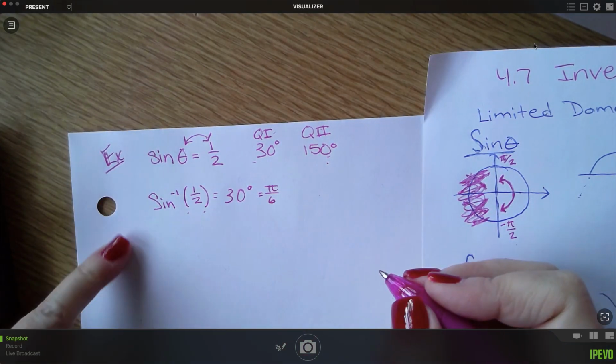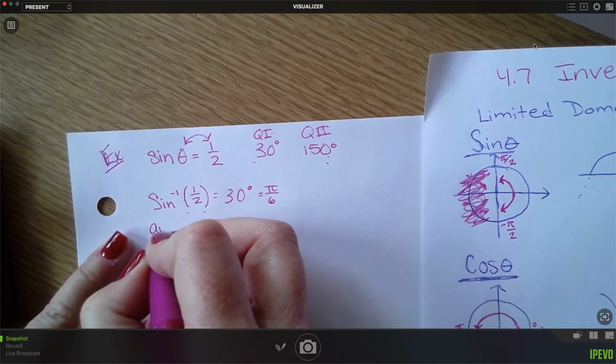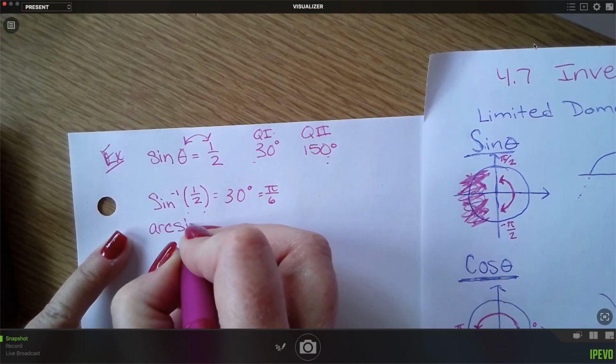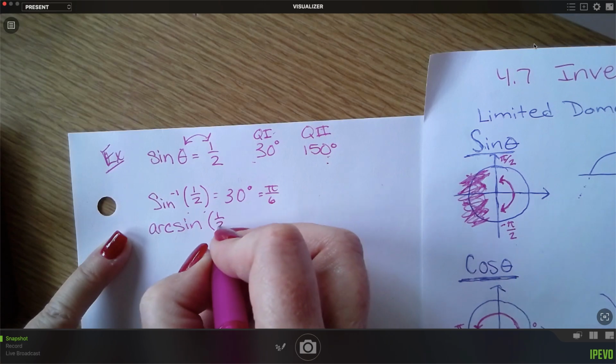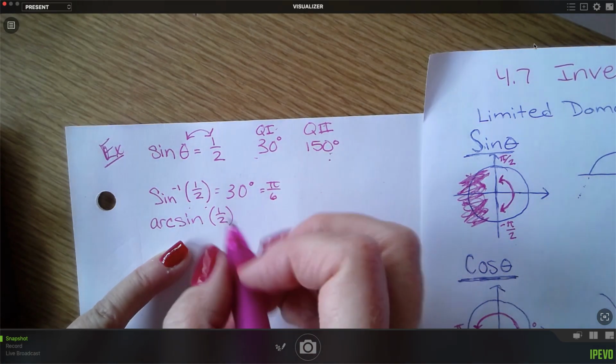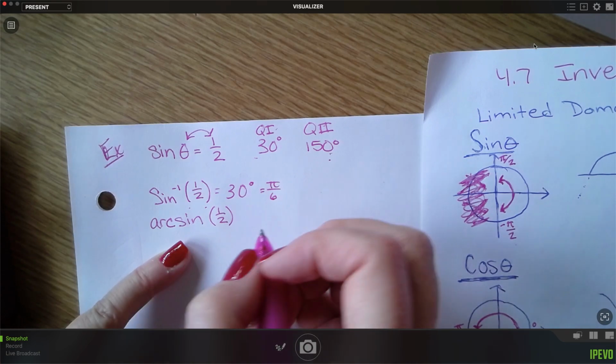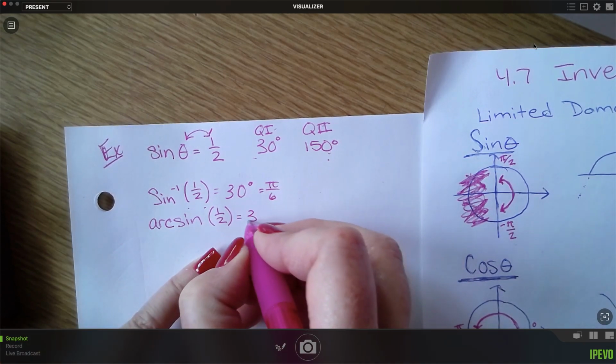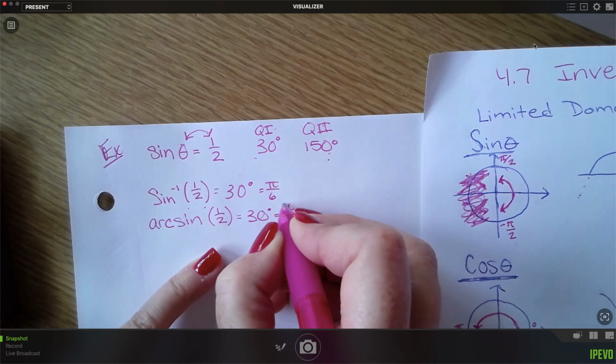The other way I could ask this question is arc sine. And the ACT loves to put arc sine on there because people forget that it means the inverse. All it's asking is where is the sine 1/2 at? Well, the answer is 30, and pi over 6.